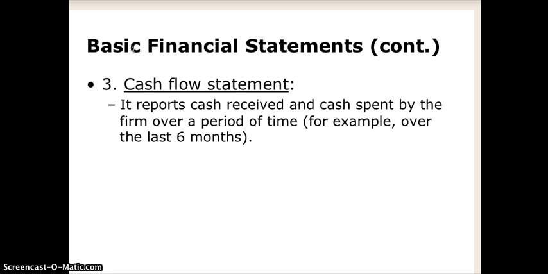Other than someone stealing the money and so on and so forth, the answer is because the revenues that were reflected at the top of the income statement, which we'll see in a moment, were revenues that have not yet been collected. Oftentimes companies will sell products and services to customers, and those customers will not be responsible for paying for those products or services for a period of time.